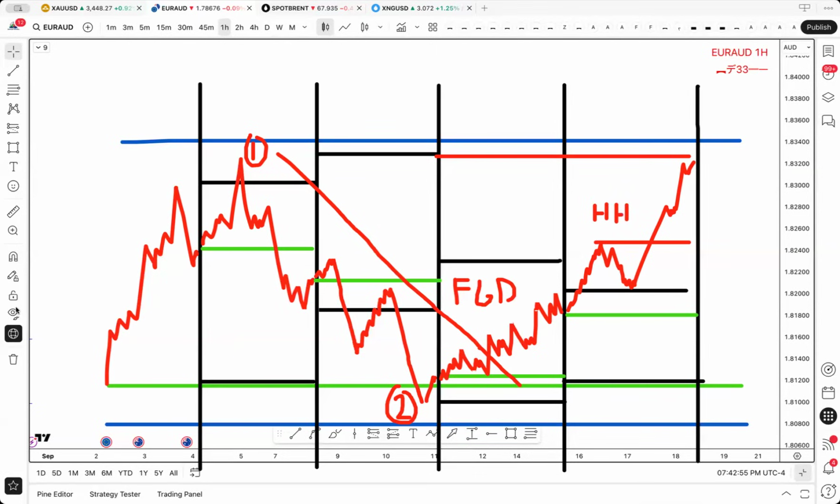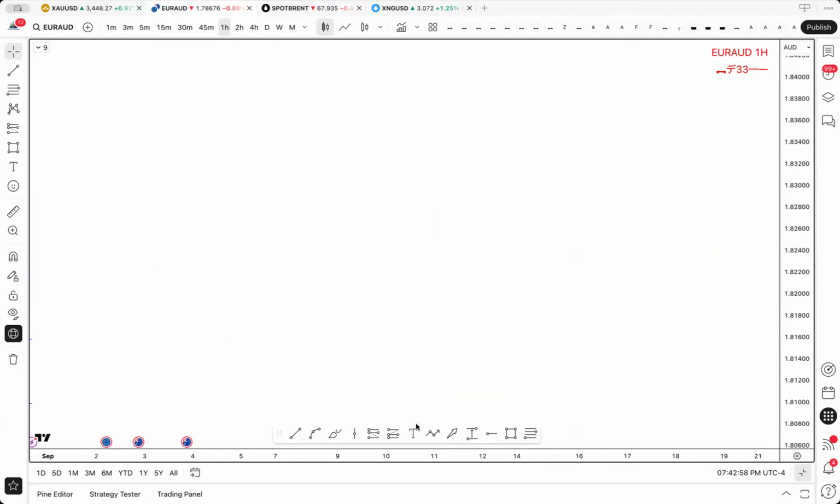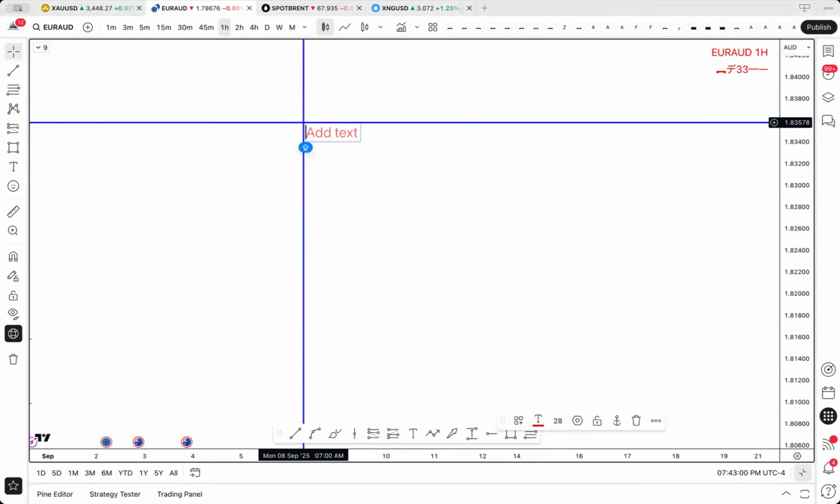And I'm going to type that out for you really quickly. Rule number one, higher high equals dump and pump. Lower low equals pump and dump. Rule number two, front side equals trend. Back side equals reverse.